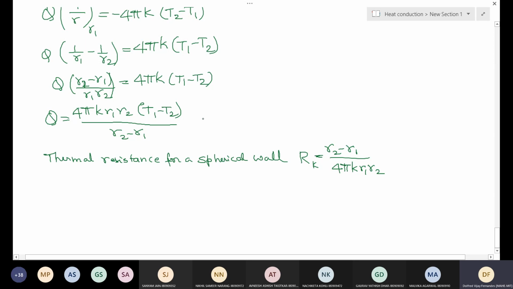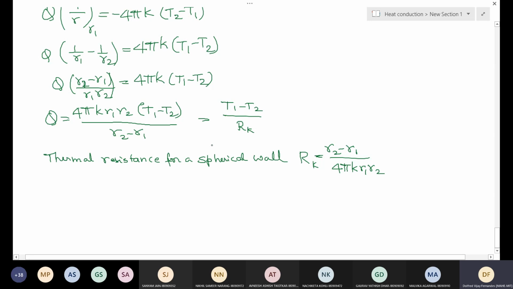So you can write Q as (T1 minus T2) divided by R_k. In the same way, potential difference divided by resistance equals current.